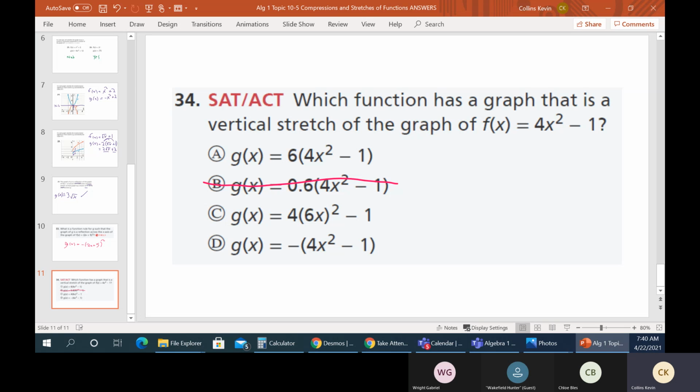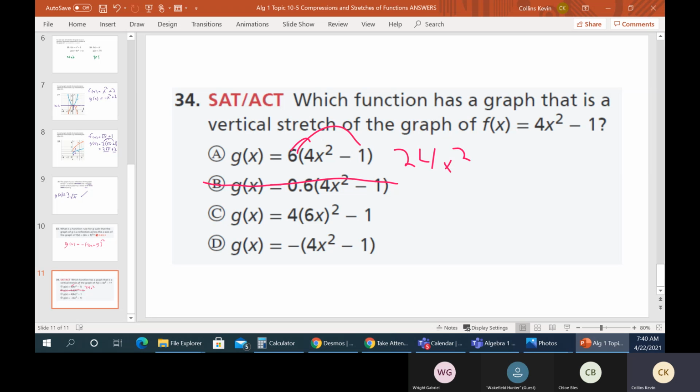That would be a vertical stretch, wouldn't it? Because we're multiplying by some number bigger than 1. Now, it's going to have a different starting point, because what you would do is multiply the 6 by the 4. So this would be 24x squared.